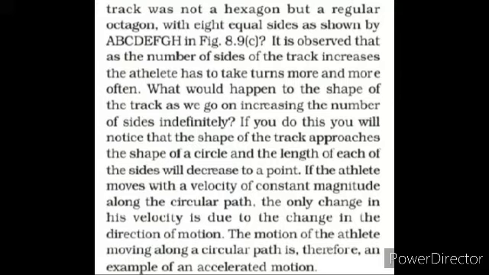If you do this, you will notice that the shape of the track approaches the shape of the circle, and the length of each side will go on decreasing. What I mean to say is that in a rectangle, the lines have big length. In a hexagon, the length reduces and the sides increase, the corners increase, the bends increase.